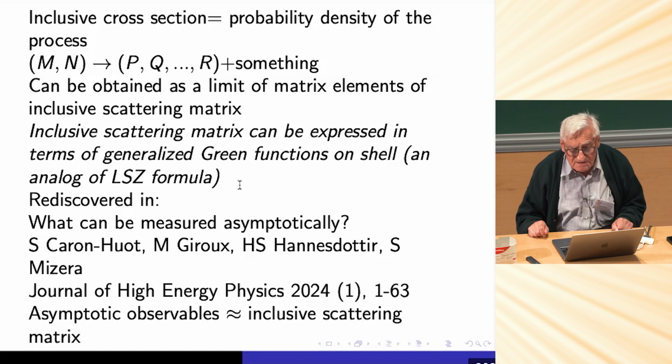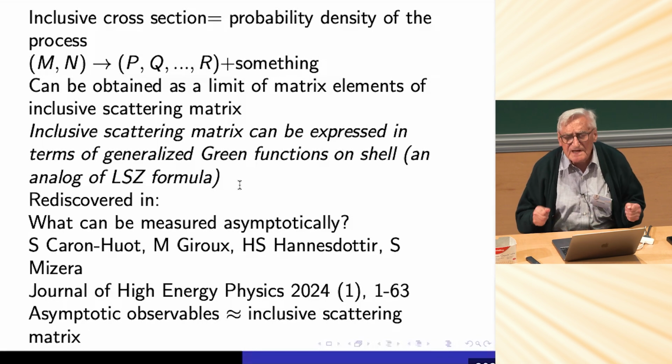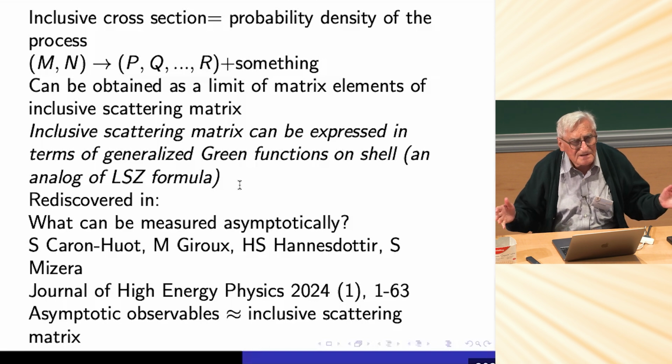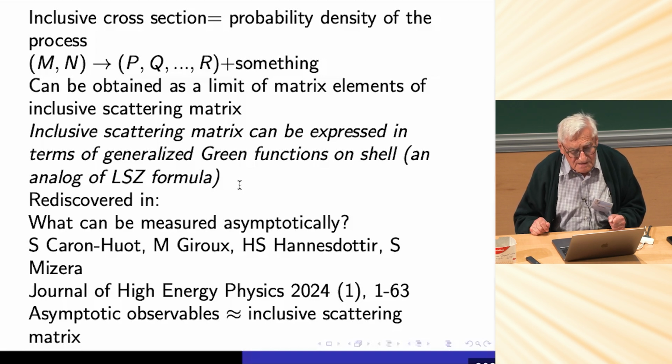For these generalized Green functions, you have diagrams, and so you can have some analog of Feynman diagrams. This means that inclusive cross-sections can be calculated as easily as usual cross-sections, as the usual scattering matrix.